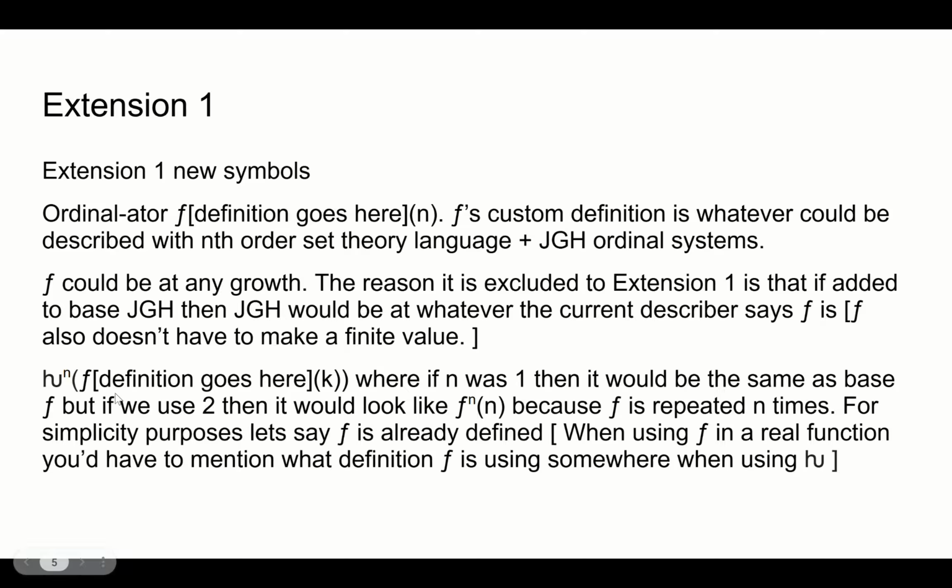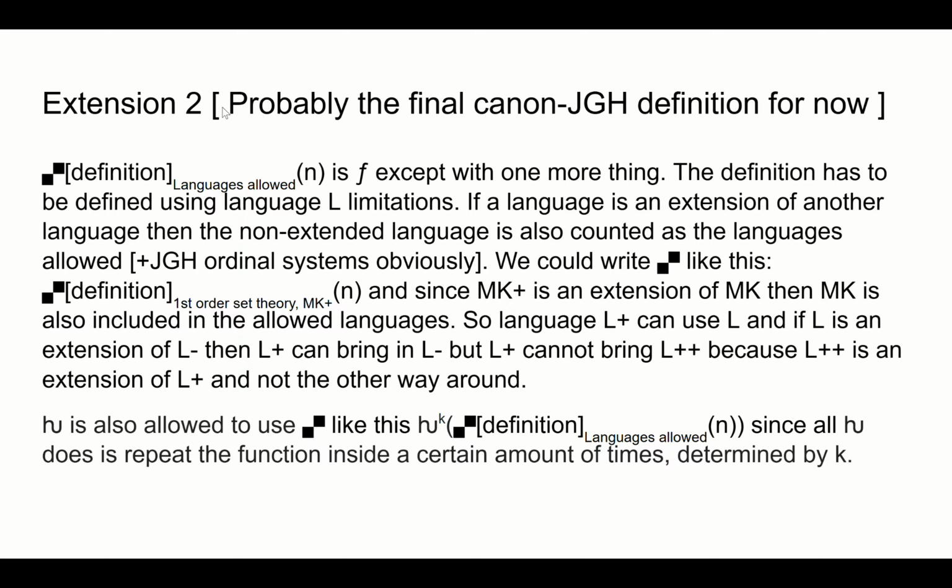For simplicity purposes, let's say that F is already defined. When using F in a real function, you have to mention what definition F is using somewhere when using HU. Extension 2, probably the final canon JGH definition for now.